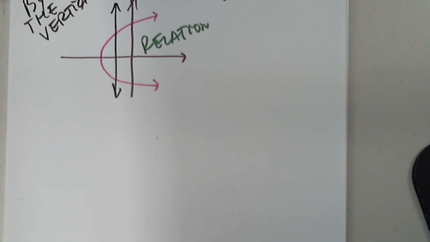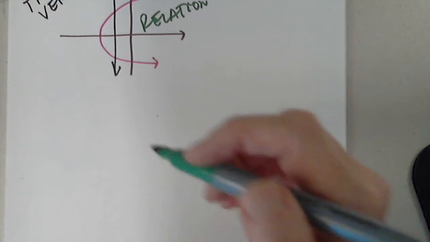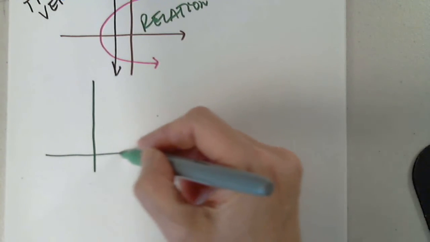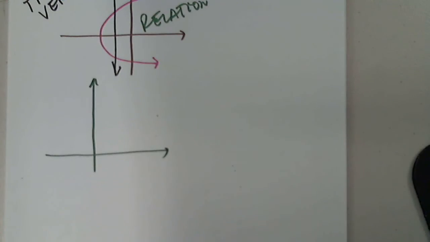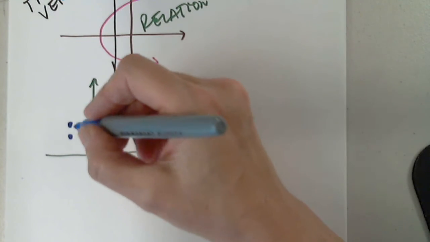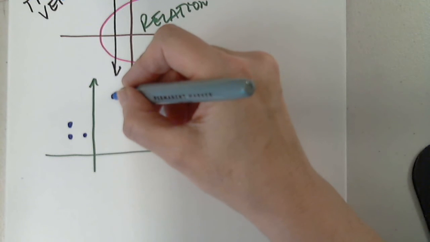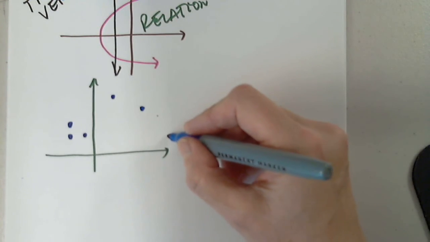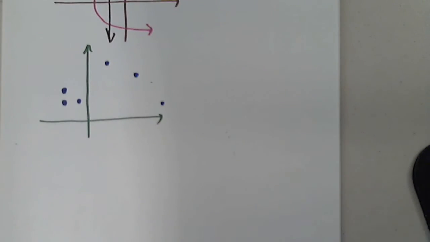And you may encounter a problem like this. What if the graph is given without being connected? Something like this. That's my graph. Is this a function?